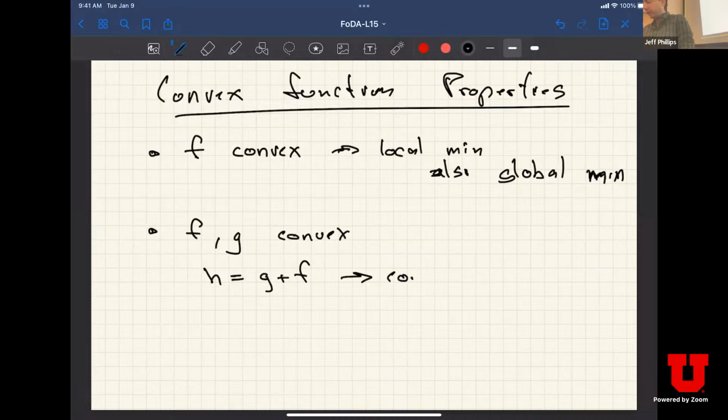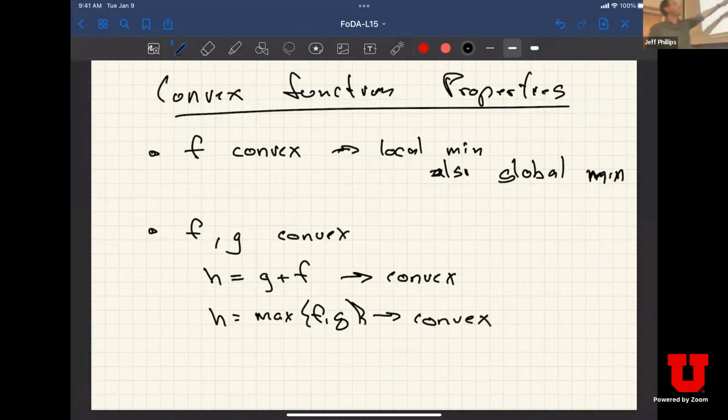This is also convex, or h equal to the max of f and g. This is also convex. So if I add together functions, or I take a max, or I divide by a scalar, right?